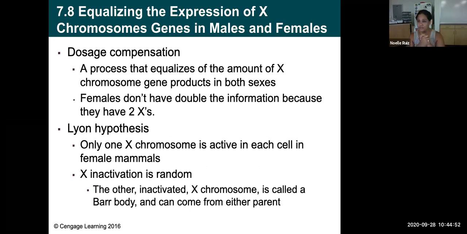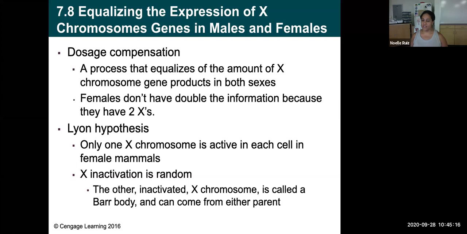Dosage compensation is another situation, a process that equalizes the amount of X chromosome gene products in both sexes. Females don't have double the information because they have two X's. There's an actual hypothesis that only one X chromosome is active in each cell in female mammals.